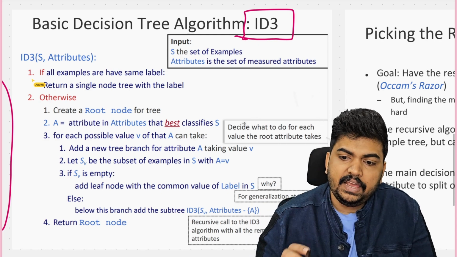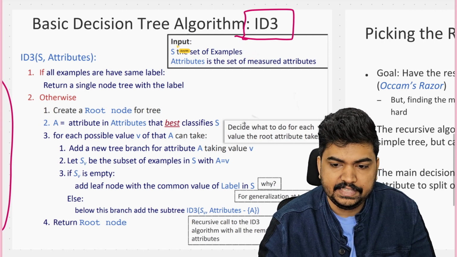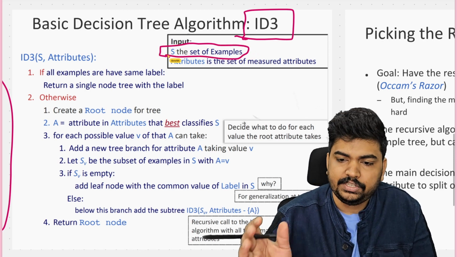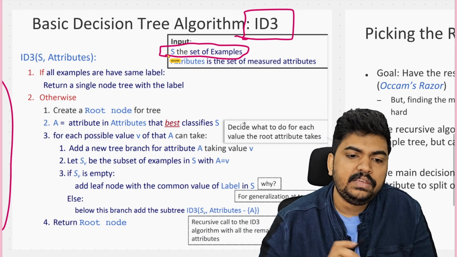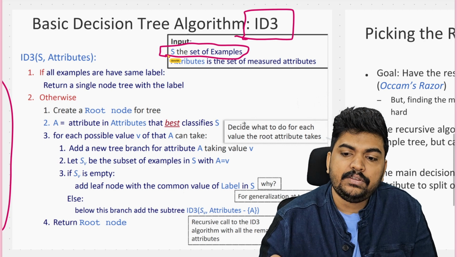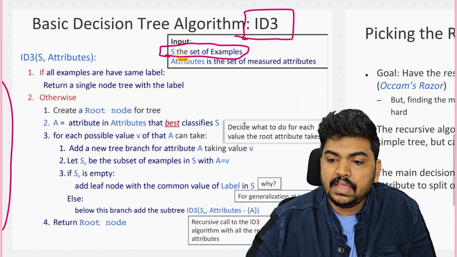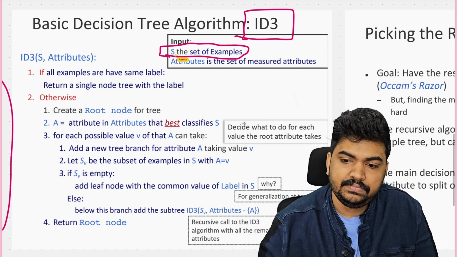So the ID3 algorithm takes in a data set. Yes, for legacy reasons, I am using the notation as it is used originally. So the ID3 algorithm takes in S, which is the data set, and a set of features, right?